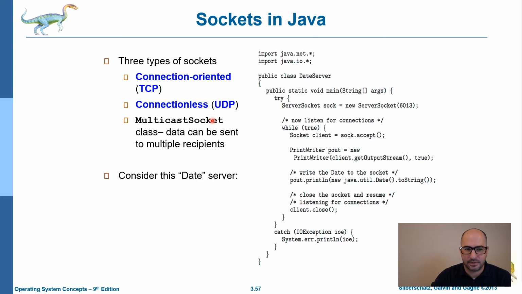There are more than 3 types of sockets, but the ones that we will deal with in networking are connection-oriented or connectionless. Connection-oriented sockets are TCP, connectionless, an example is UDP, and then multicast.